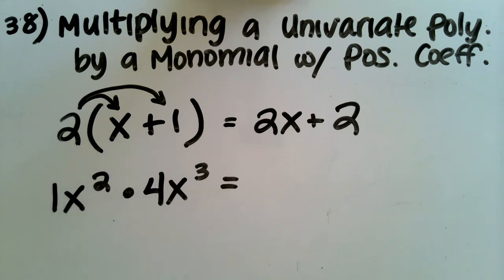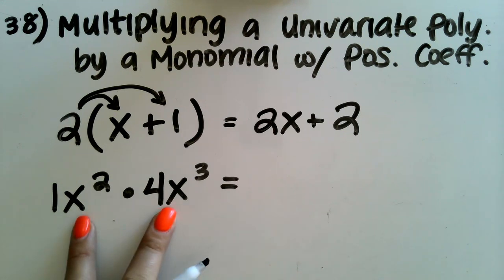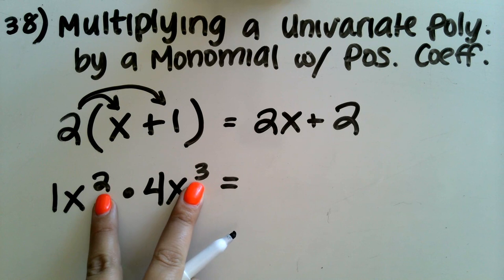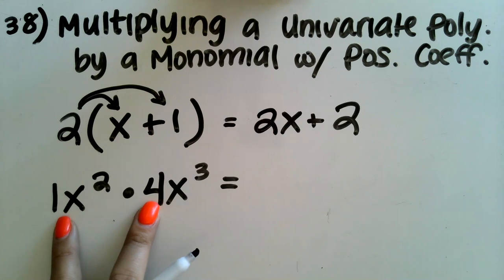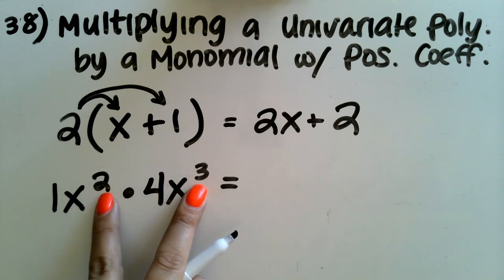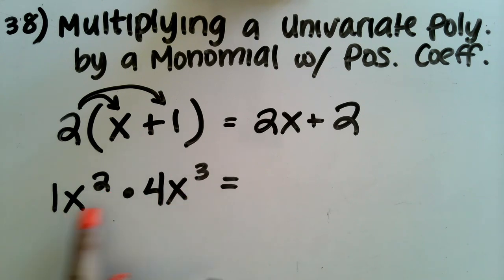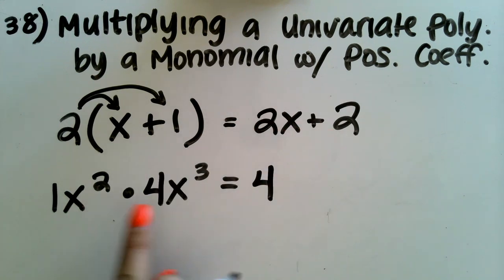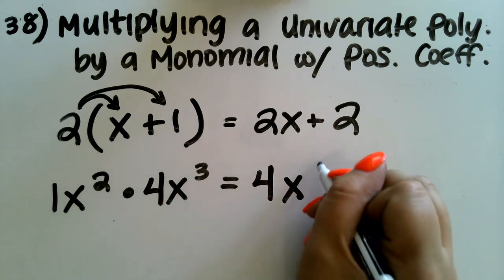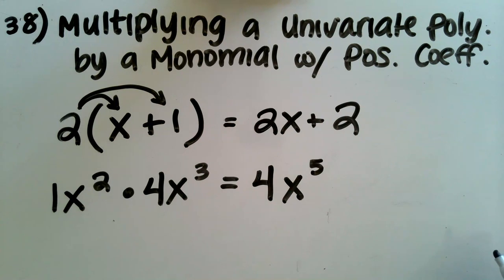If they have the same base, we multiply those coefficients and then we add our exponents together. 1 times 4 is 4, and then x to the second times x to the third is going to be x to the 2 plus 3, which is 5.